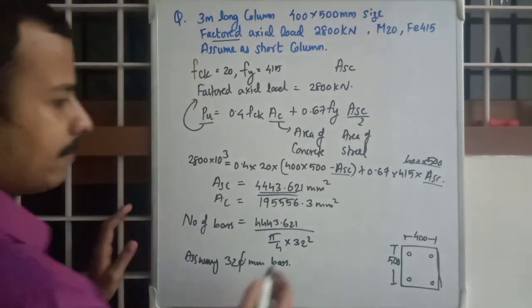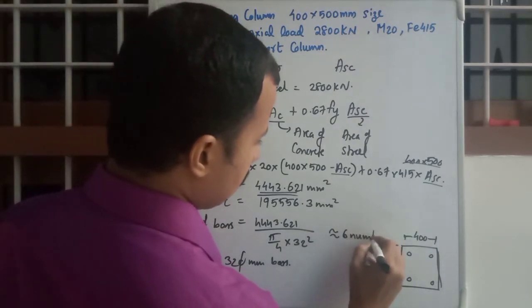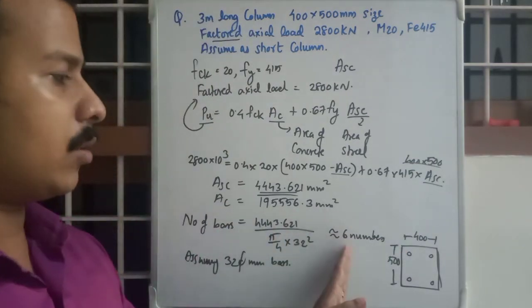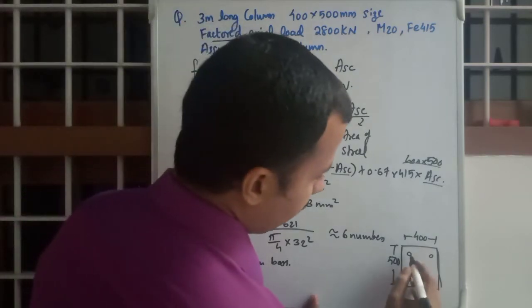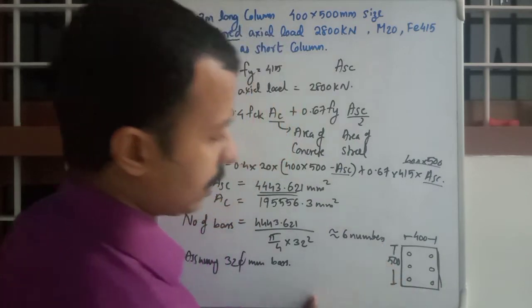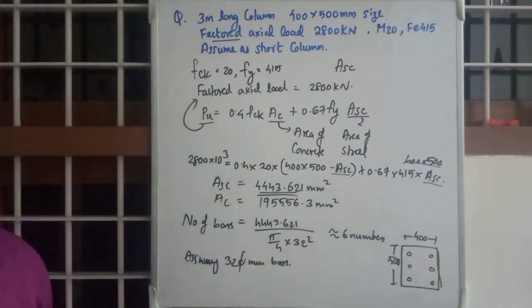You will get approximately 5 point something, and you will round it up to 6 bars. That means it will be like 1, 2, 3, 4, 5, 6 on the longer side. This will be the approximate arrangement.